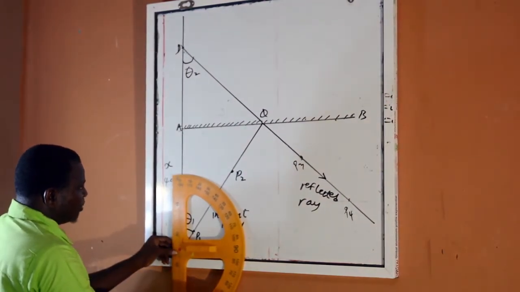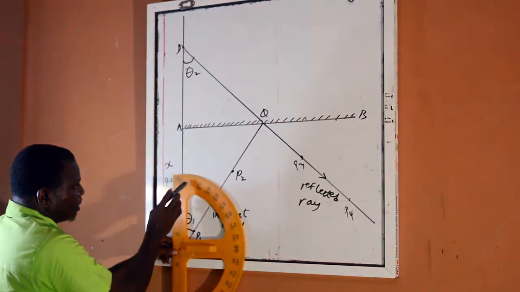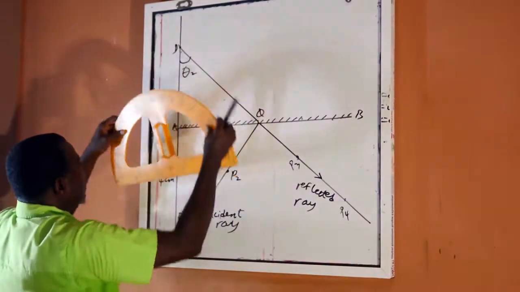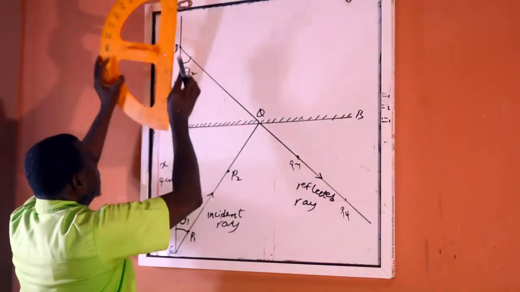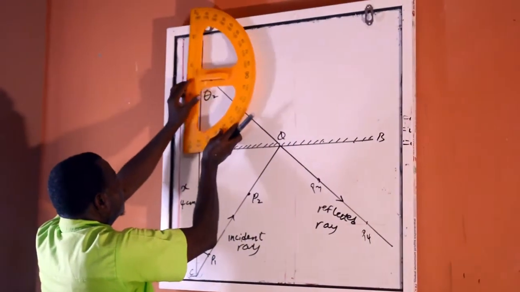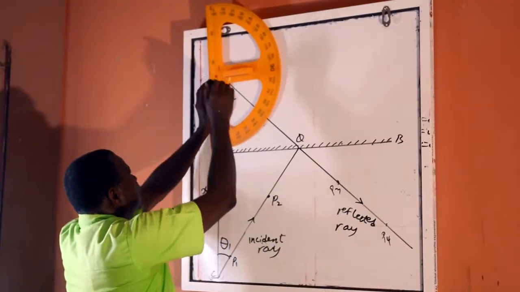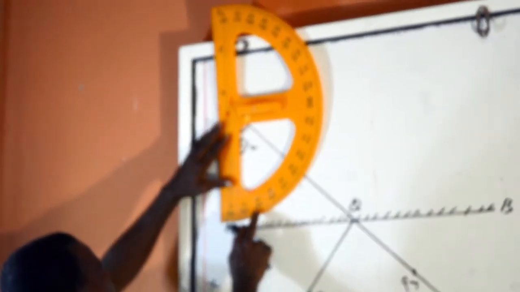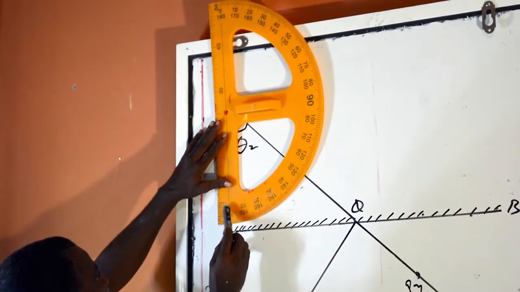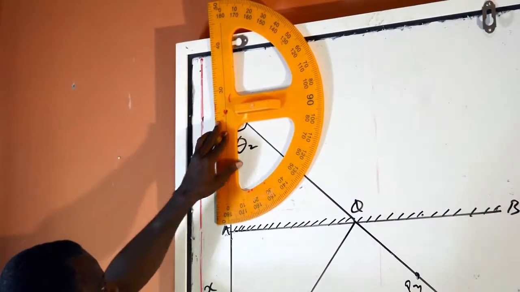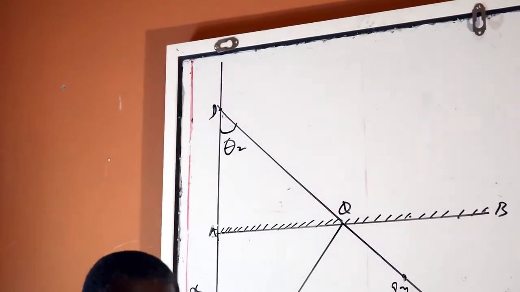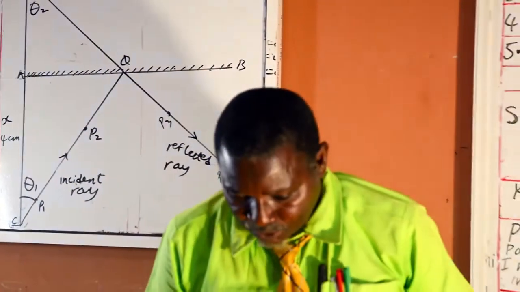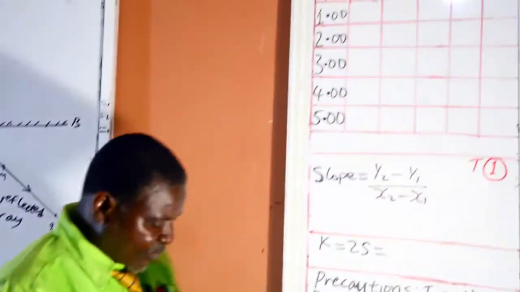So you now continue to count 0, 10, 20, 30, 38. When you want to measure the one on top, this point will be at point C. The line will be at 0. You start from here, 0, 10, 20, 30, 40, 50. So that is how to locate the angle. So the angle has been measured, and these are the values.